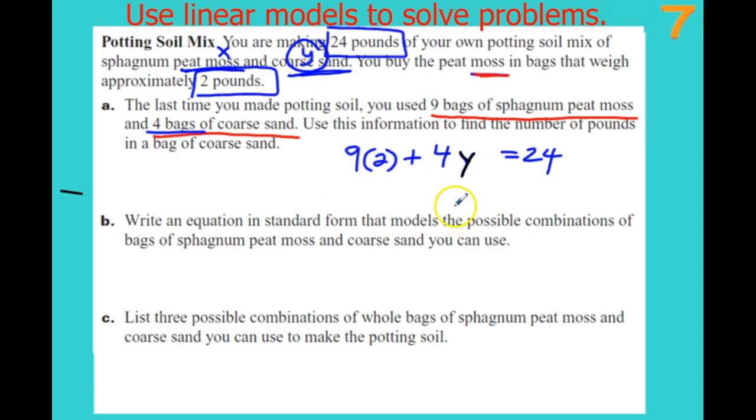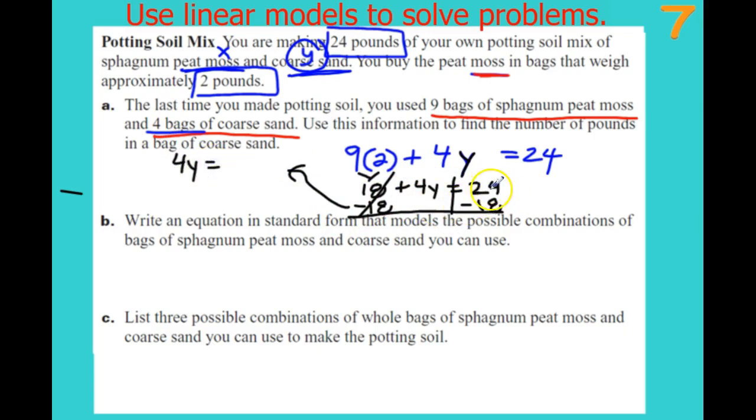So we can actually solve this because we have all the information except for how much the one bag weighs. So we know 9 times 2 is 18, plus 4y equals 24. So if we solve this, I'm going to subtract my 18, just my number. And I'm going to rewrite this up here. Those are eliminated. We have 4y. And then 24 minus 18 should give me 6.